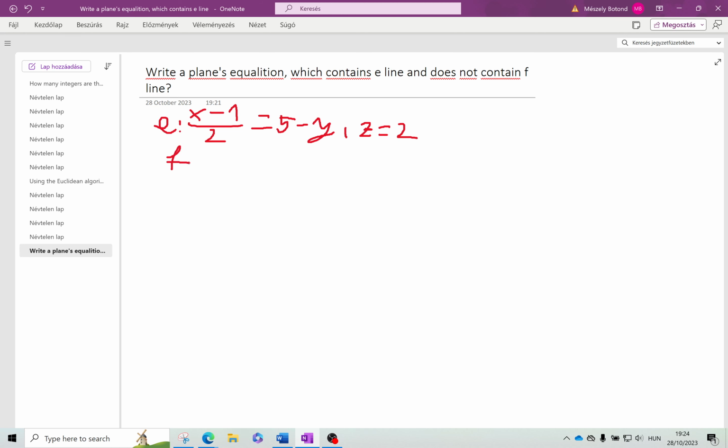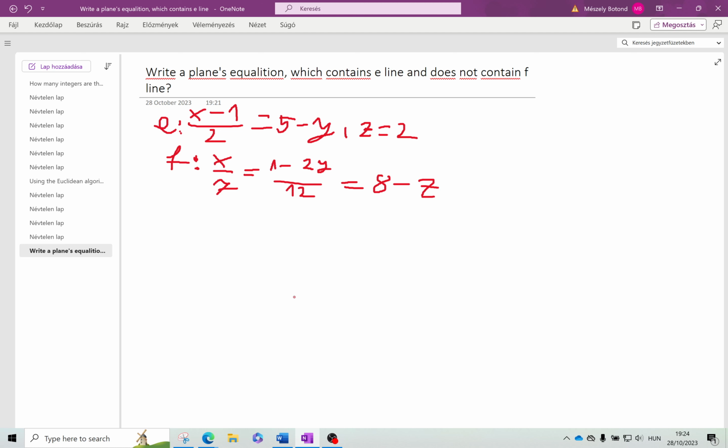And F is x per 7 equals 1 minus 2y per 12 equals 8 minus z. So these are two lines, and these are the equations in space. So not in 2D, in 3D.